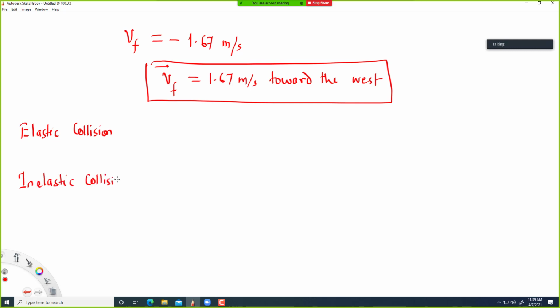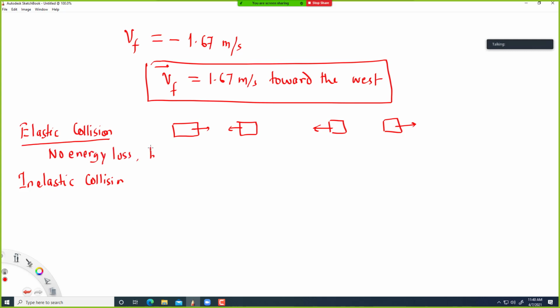So when the two cars move towards each other, and then they collide and bounce back without losing any energy, then this kind of collision is called elastic collision. Okay, so there is no energy loss. The objects bounce back.